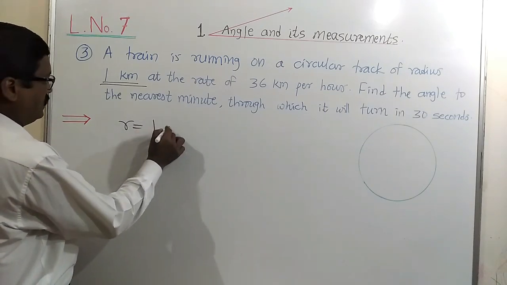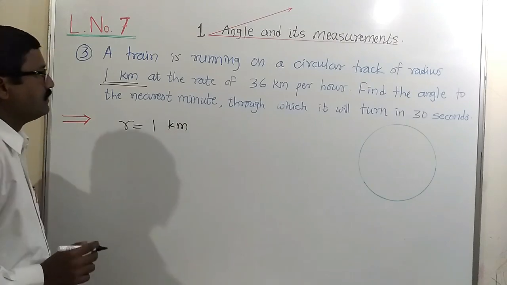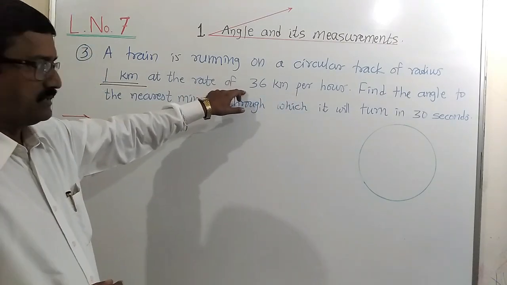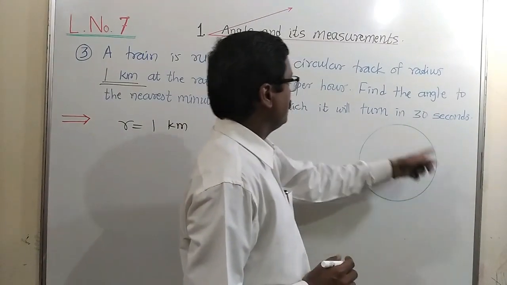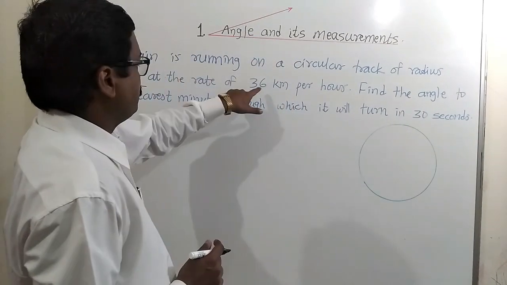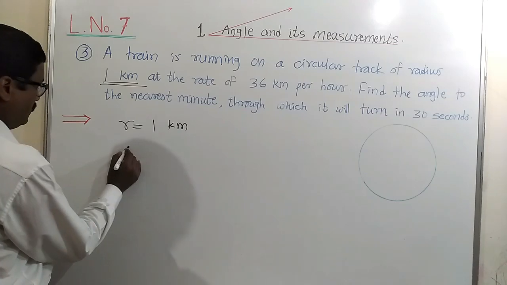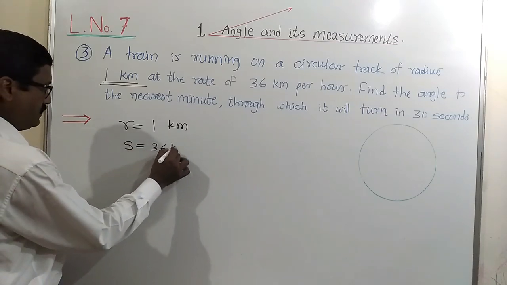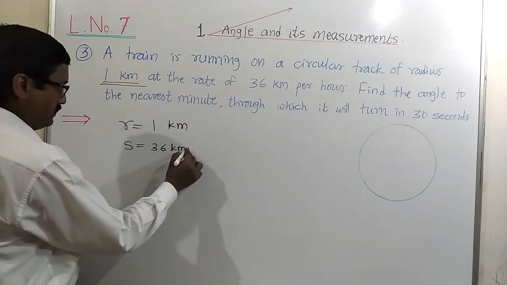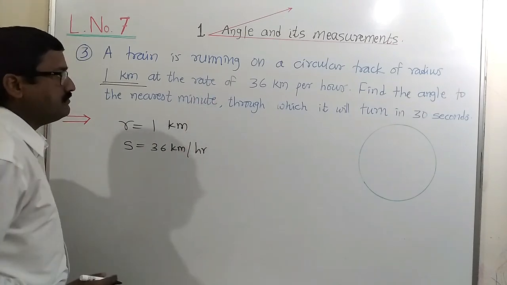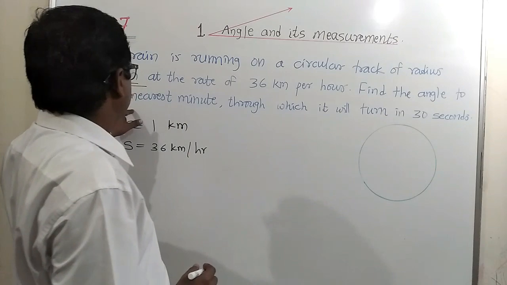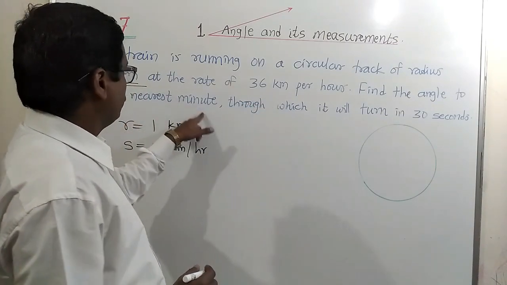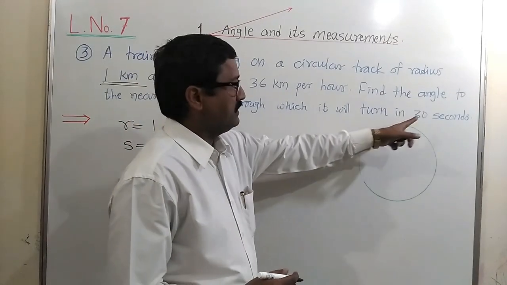At the rate of 36 kilometers per hour, this is the speed of the train. Let us denote speed by s. It is equal to 36 kilometers per hour. Find the angle to the nearest minute through which it will turn in 30 seconds.